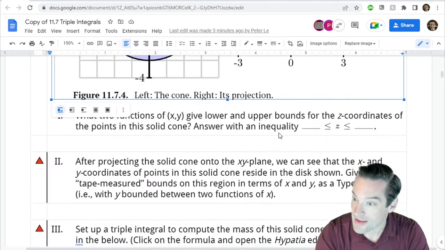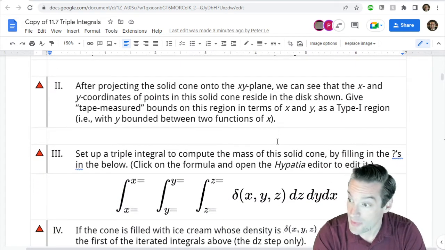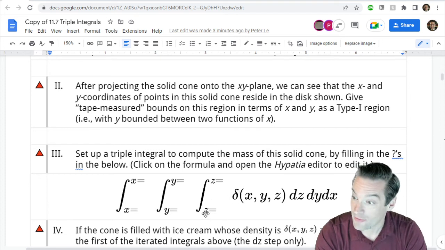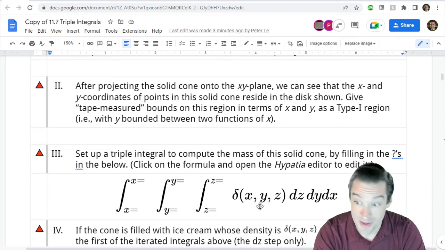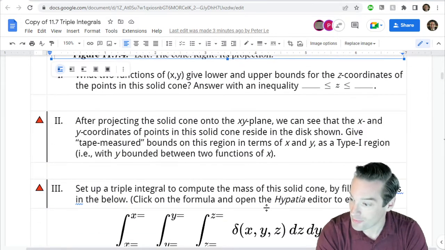So our task for the next few minutes is just to get this triple integral set up that would be capable of finding the total mass of this cone if the density function is given by some arbitrary function delta of x, y, z. So we'll do the tape measuring, and then after that we'll talk a little bit about how we might evaluate such an integral without having to work too hard.